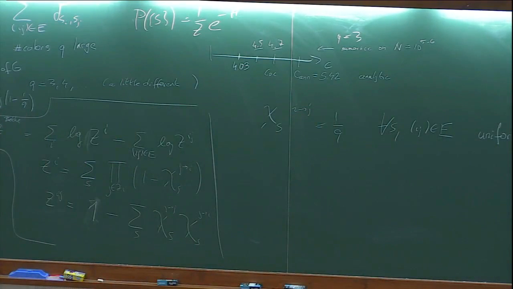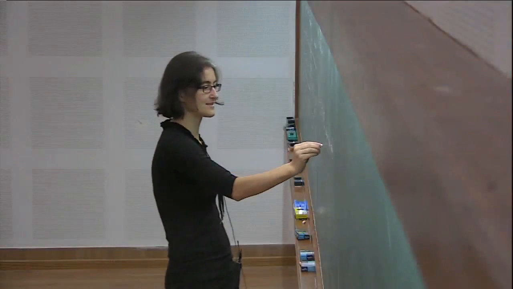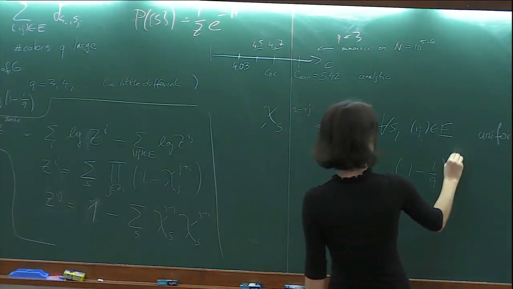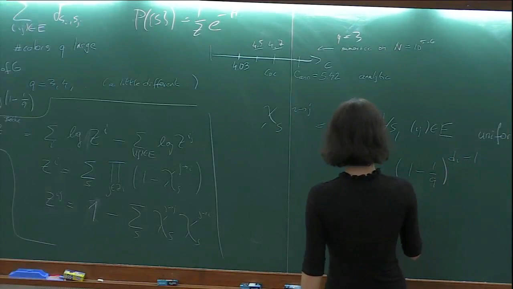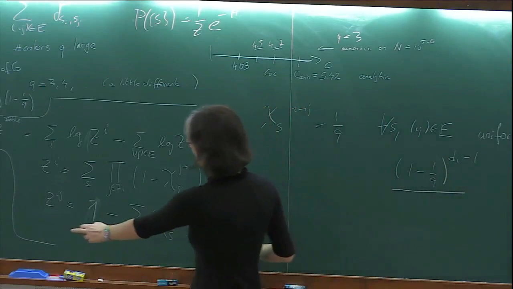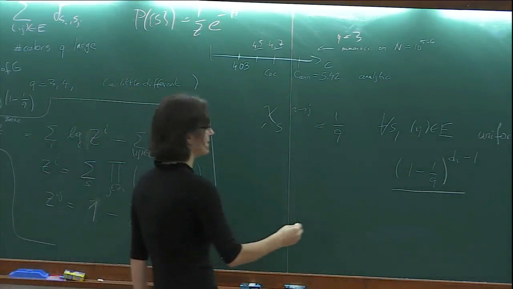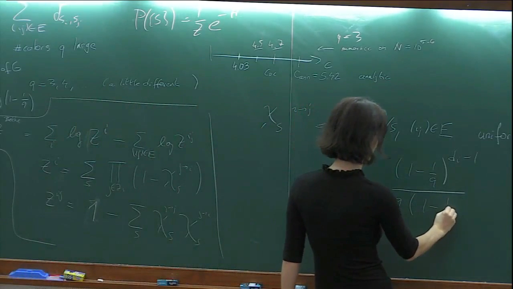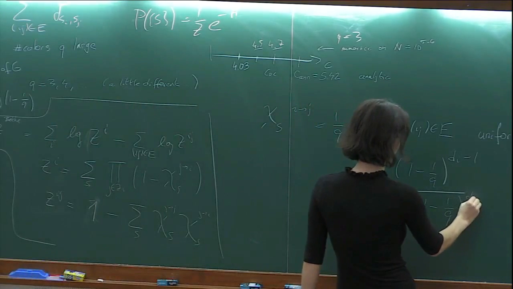Right, so let's just plug it into the right-hand side and see if the left-hand side fits. On the right-hand side, we have 1 minus 1 over q to the power of the degree of the node i minus 1, and we need to divide by the normalization. And the normalization is the same thing, but q times. Everything is the same.